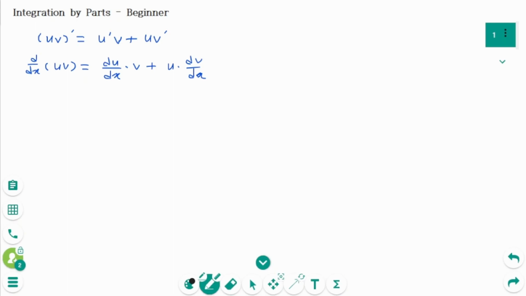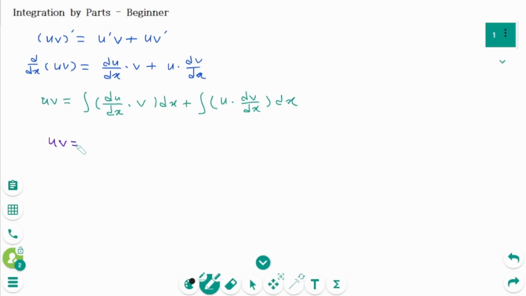If u' and v' are continuous, you can integrate both sides. uv equals the integral of du/dx times v dx plus the integral of u times dv/dx dx.